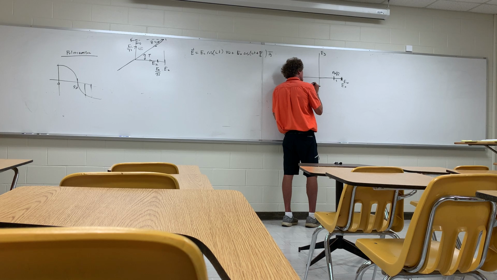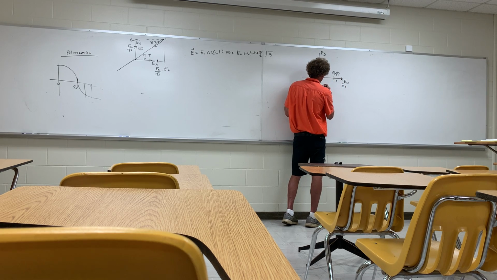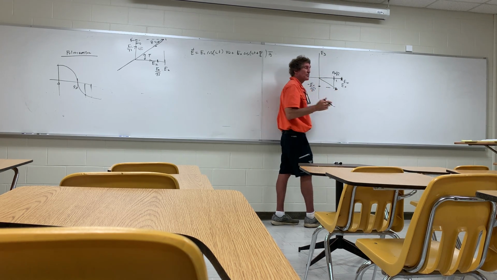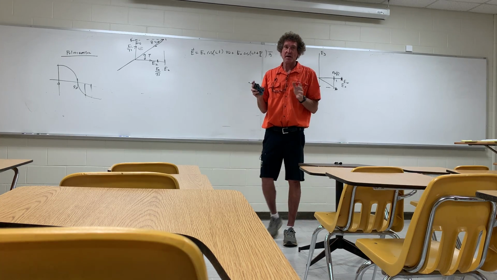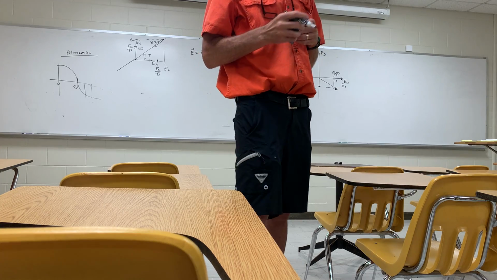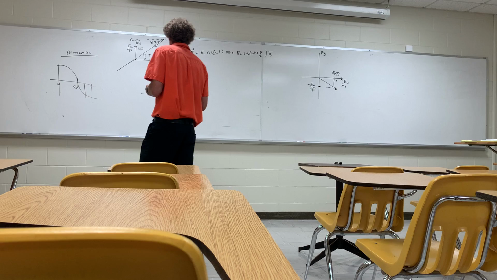So this would be E naught over the square root of 2, but it's negative. And then you can see what happens is, here's my hand of the clock. That's the first hand. The second hand of the clock is down here. And you'll notice the magnitudes are the same. If you square the x component, square the y component, take the square root, they both equal E naught.